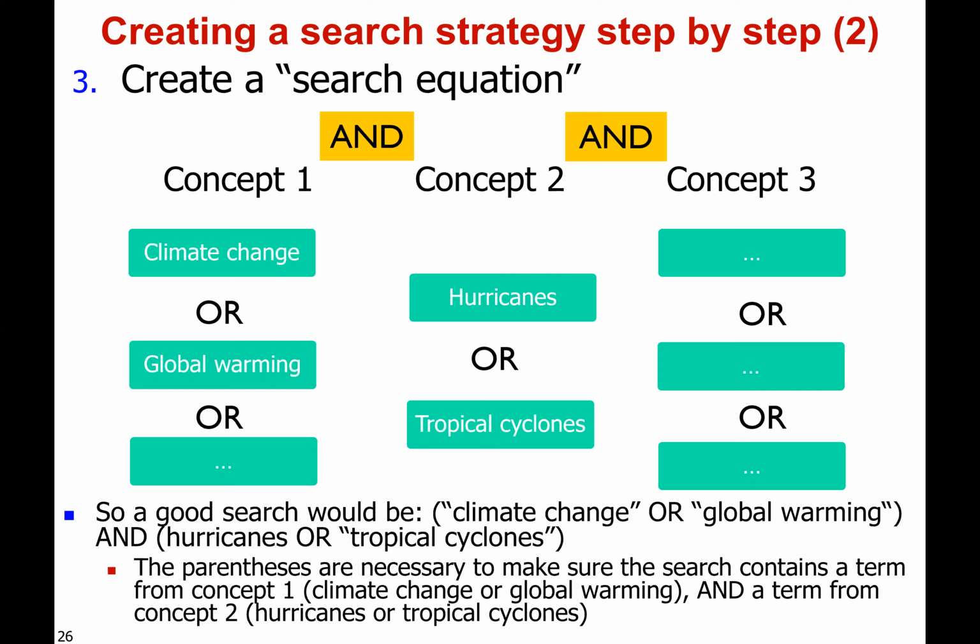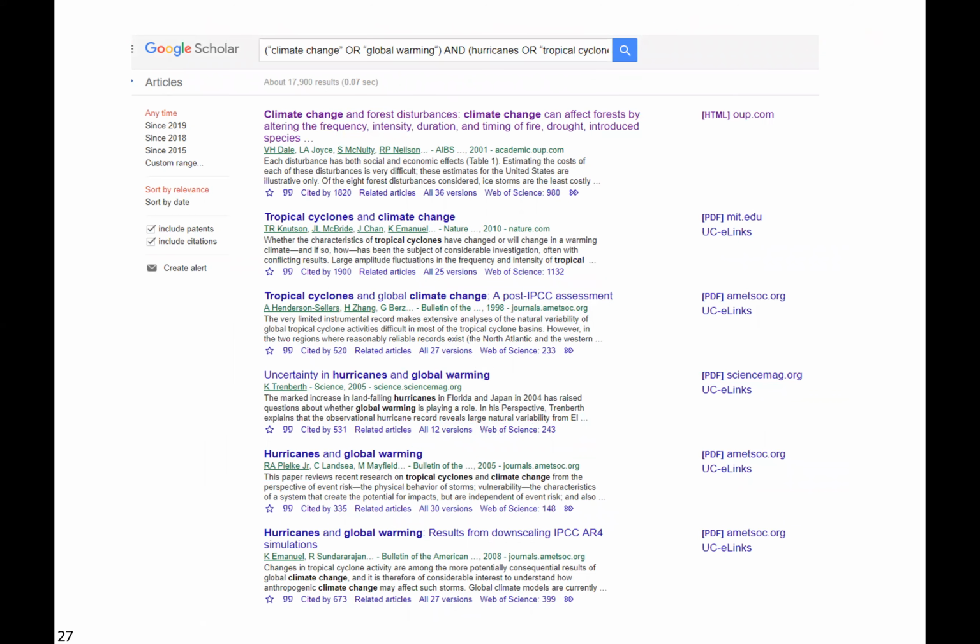That makes it such that any article that mentions either climate change or global warming and hurricanes or tropical cyclones will pop up. So if you do that, you get this.